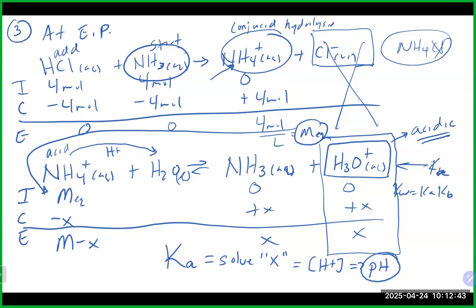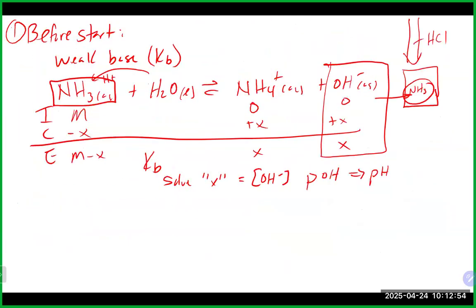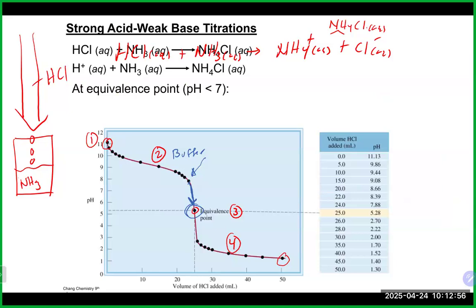That salt, because it always comes from a weak base, will also go through hydrolysis and always produce H3O plus, and it will always be acidic at this point. And that's how we know, when we take a look at the equivalence point in a titration of a strong acid and a weak base, we should hit an acidic pH. Any questions on that there?